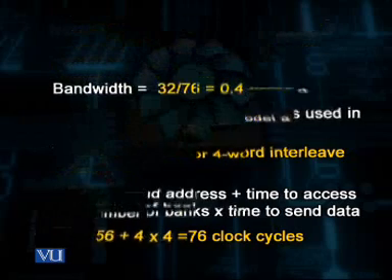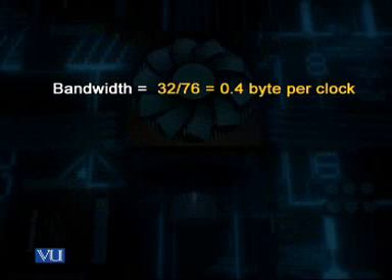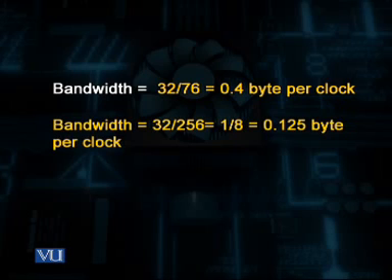clock cycles. This results in a bandwidth equal to 32 by 76, which is approximately 0.4 bytes per clock cycle, giving us an enhancement of 3 times as compared to the one-word wide memory, which has a bandwidth of 32 divided by 256, equal to 0.125 bytes per clock.